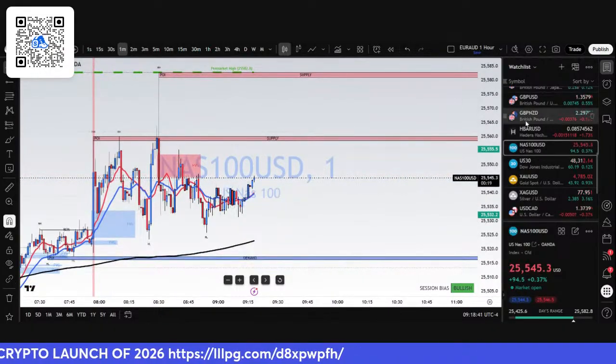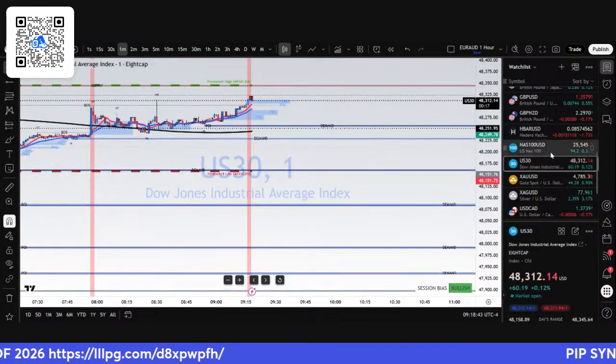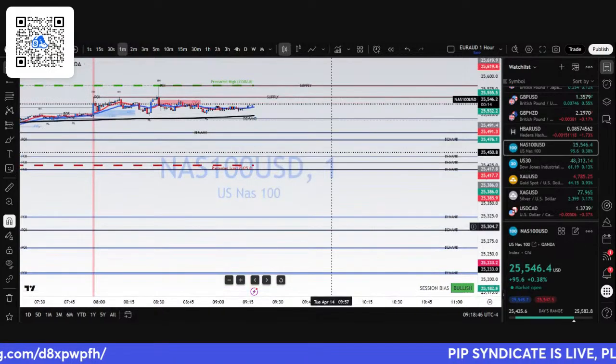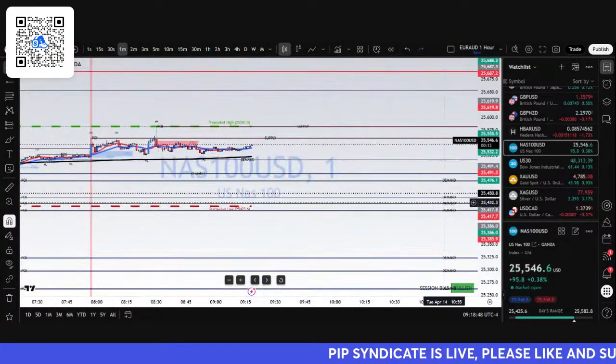Nas is going up a little slower. You notice that? Let's see what Nas does. Maybe Nas will give us a pullback we're looking for.